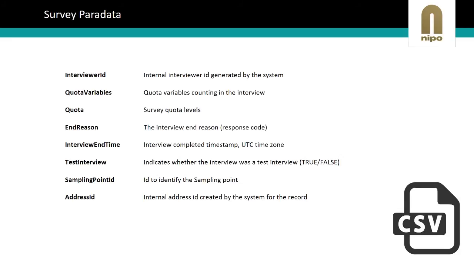So you create this ID when you upload all the data for the sampling point. And the address ID is an internal ID created by the system, so you are not defining this, but each address, when you upload it, will have an ID created by the system, so the system and you of course can identify each address.